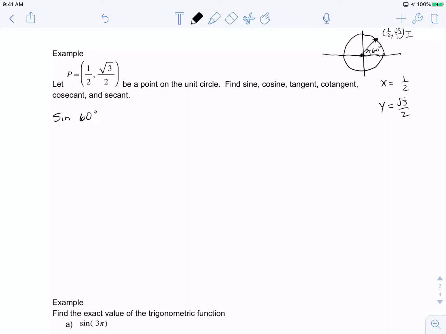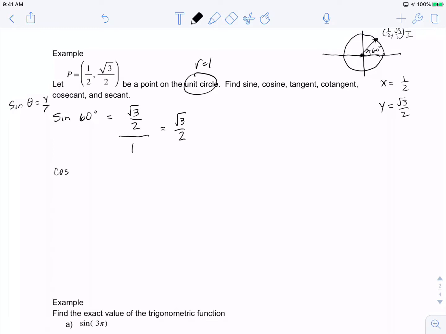But for sine of 60 degrees, remember that sine theta is equal to your y-coordinate over the radius. Since it's the unit circle, the radius is going to be 1. So our y-coordinate, radical 3 over 2, over 1, will give us radical 3 over 2.